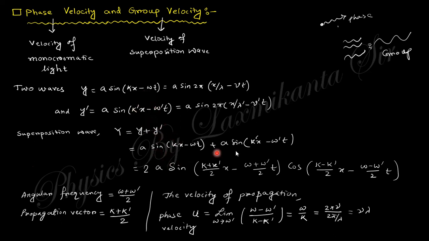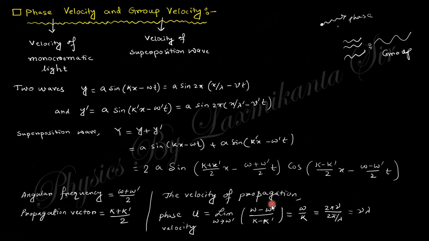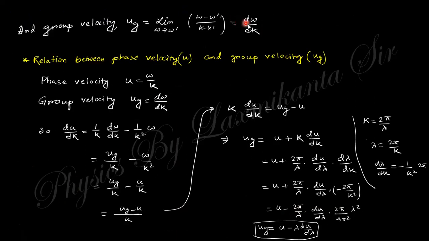Adding them, we use the formula sin A plus sin B equals 2 sin((A plus B) by 2) cos((A minus B) by 2). So you get the angular frequency, the propagation vector, the phase velocity omega by k, and the group velocity d omega by dk.